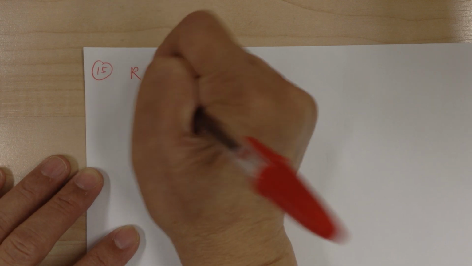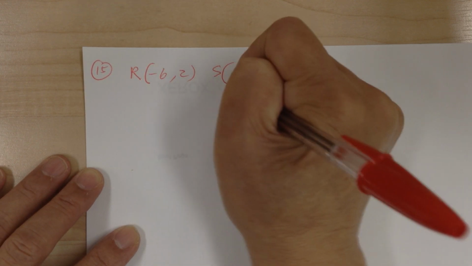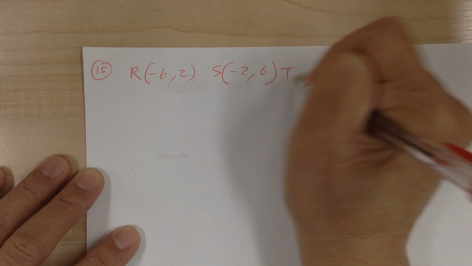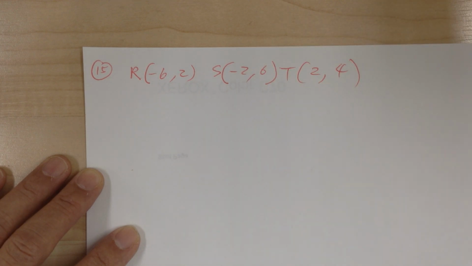Okay, let's go to 15. You've got R at -6, 2, S at -2, 6, T at 2, 4.